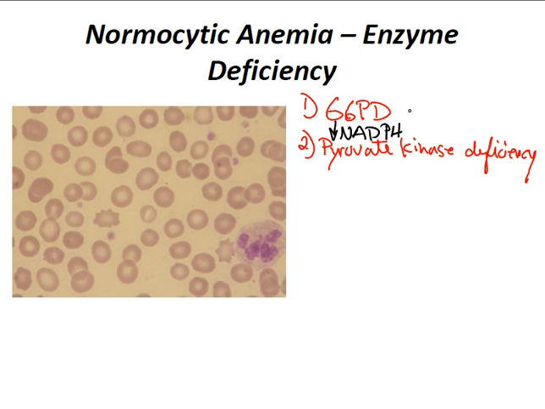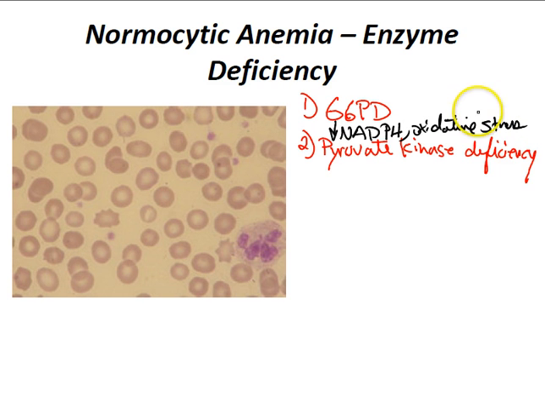Now, NADPH is responsible for regenerating the reduced form of glutathione from its oxidized form. Glutathione fights oxidative stress in the cell. So without NADPH, in a G6PD deficiency patient, glutathione is not generated, and the cell is more vulnerable to oxidative stress because we don't have our glutathione around anymore.